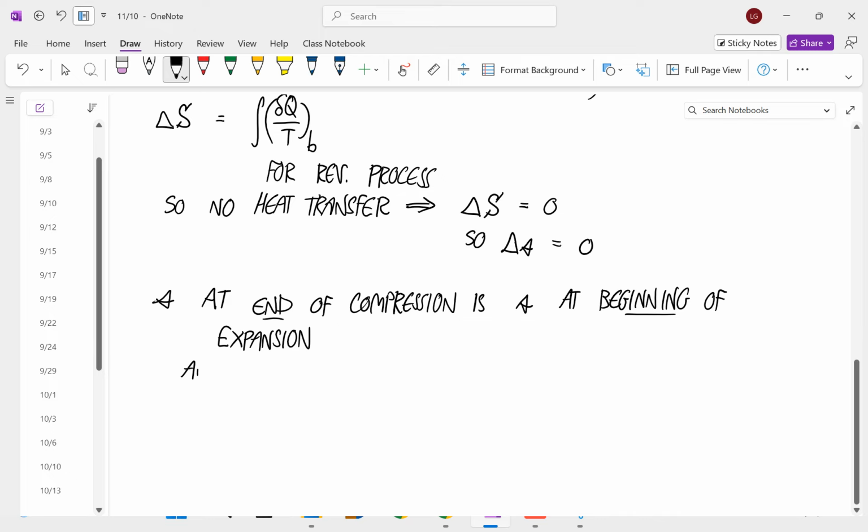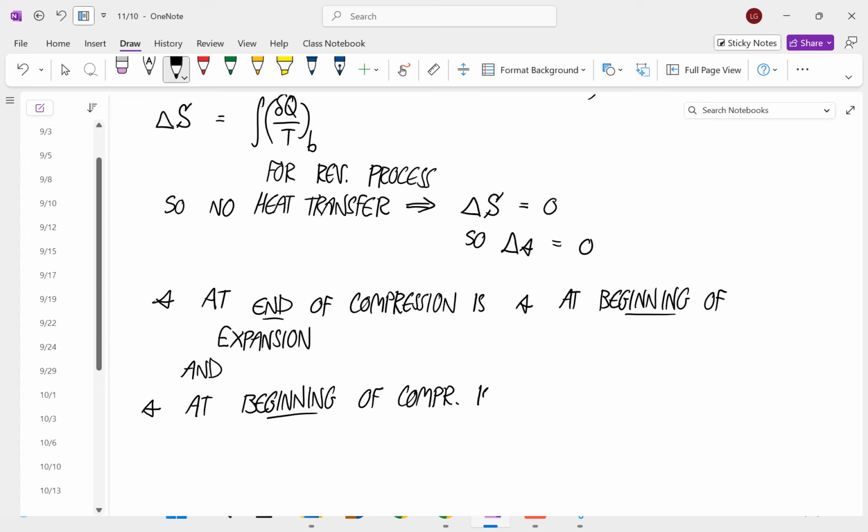And S at the beginning of the compression is S at the end of the expansion.